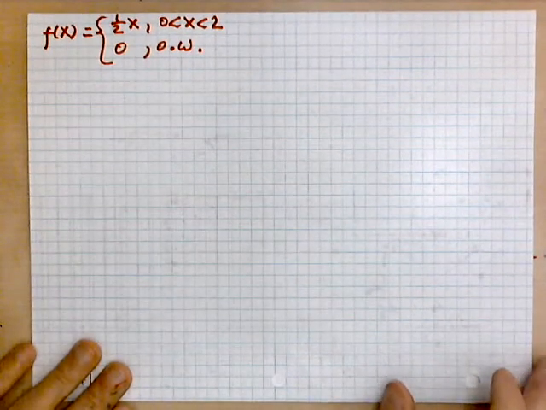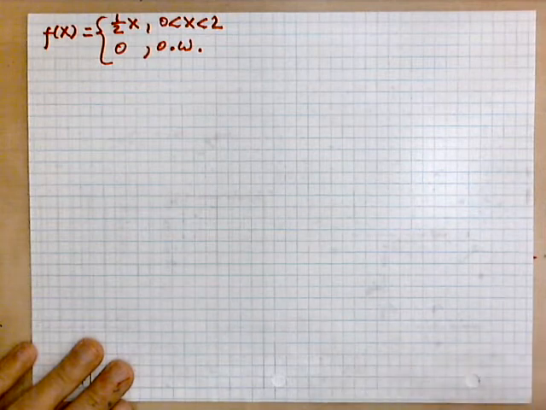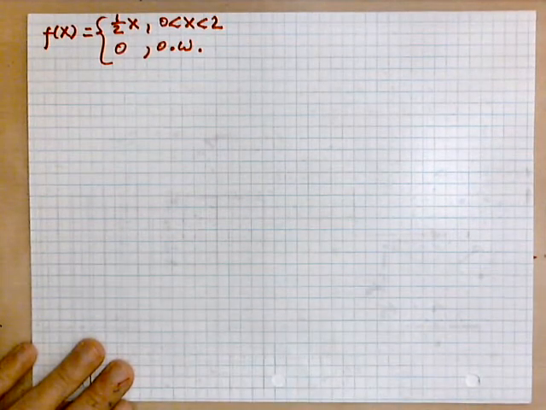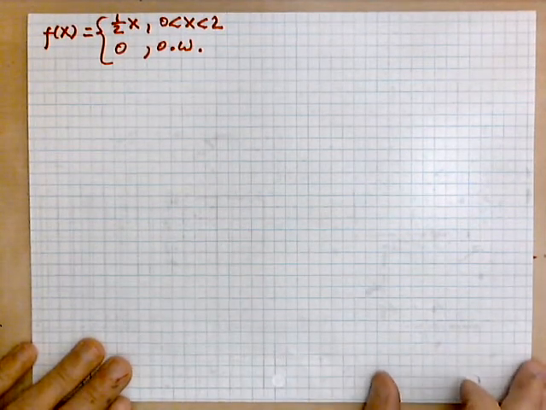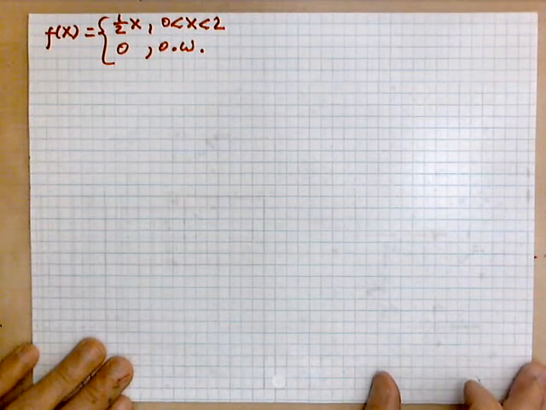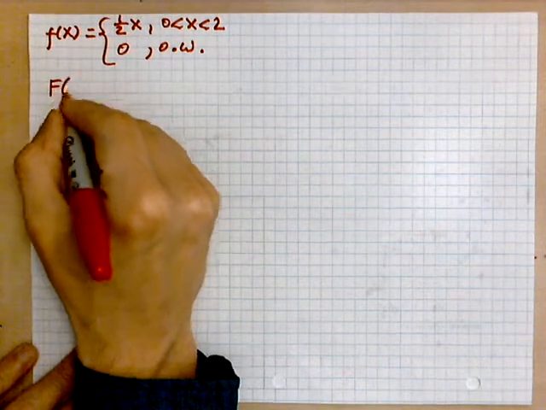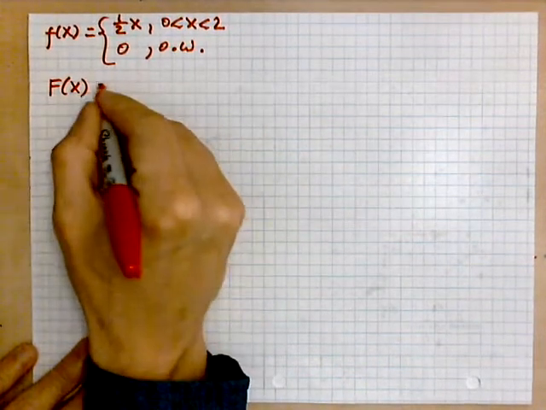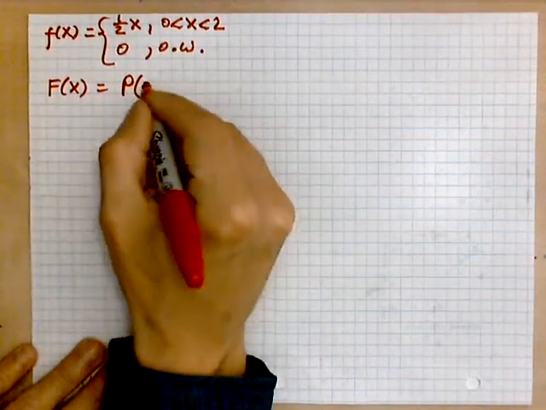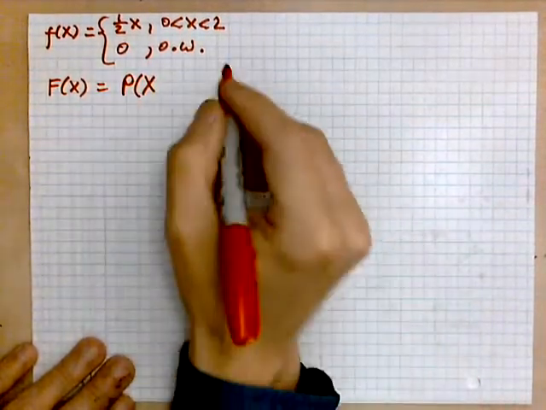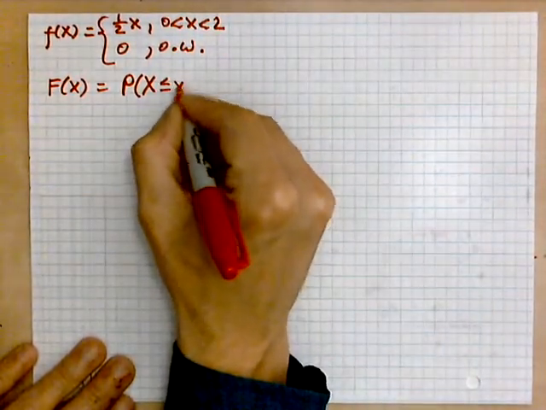As in the case of a discrete random variable, we need something that accumulates the probability. Because this is the continuous version, we use an integral. So what you may want to write in general is the following. Big F of x is the probability that the random variable assumes a value less than or equal to little x.